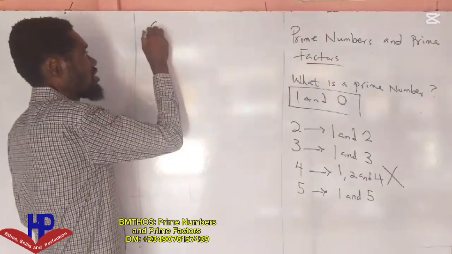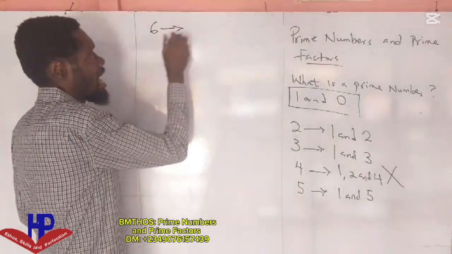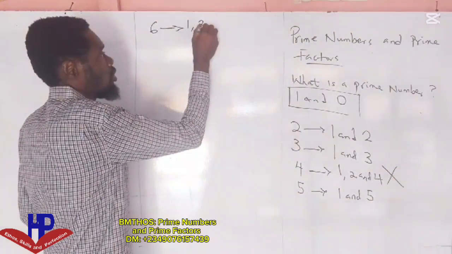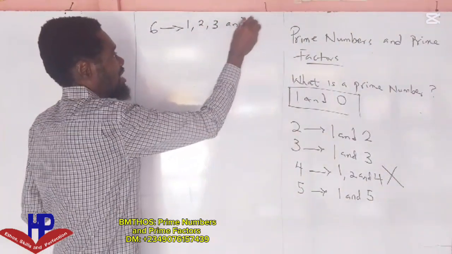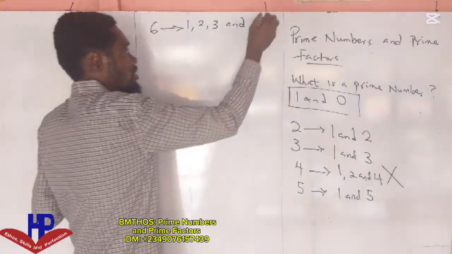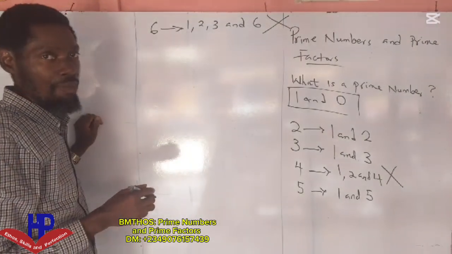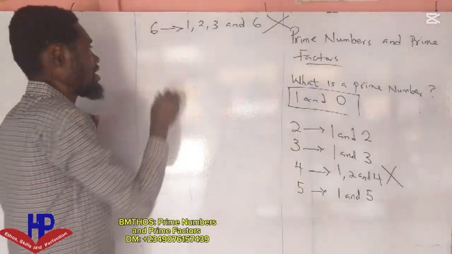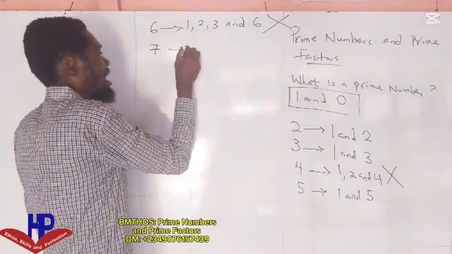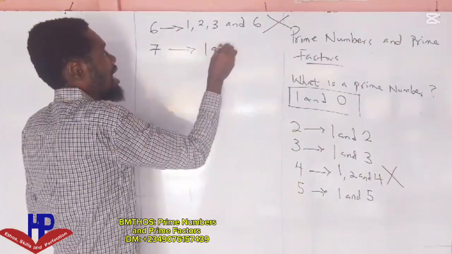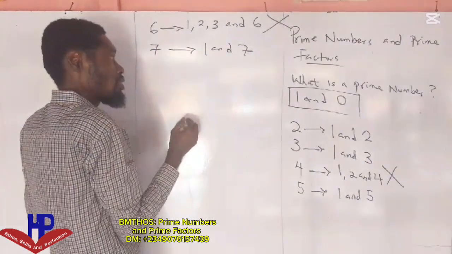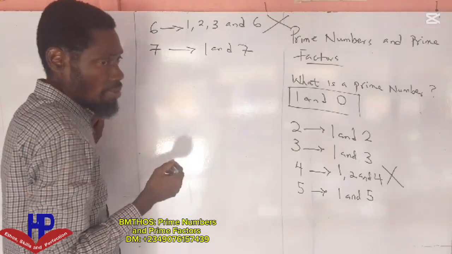Let's see, 6. The numbers that can divide 6 are 1, 2, 3, and 6. So 6 is not a prime number. Let's see, 7. The numbers that can divide 7 are 1 and 7. So 7 is a prime number.